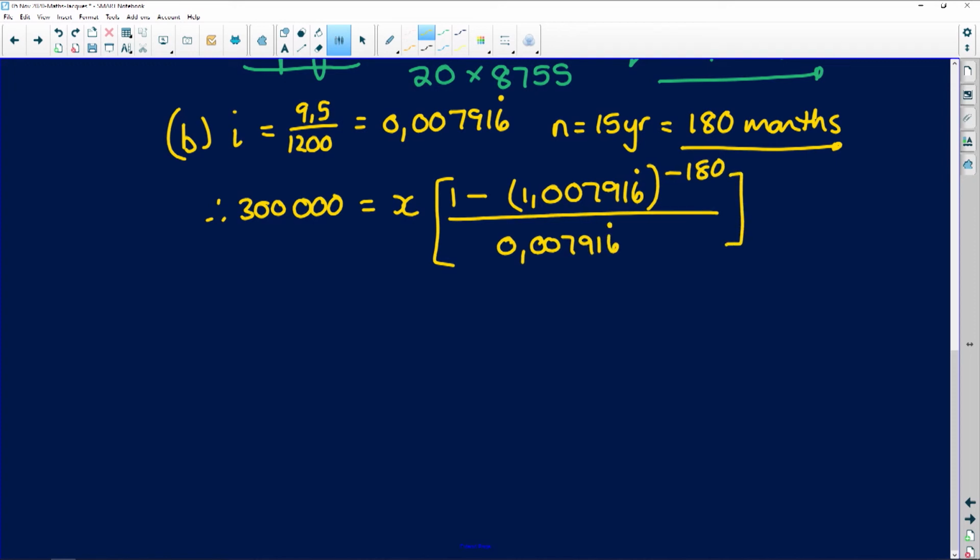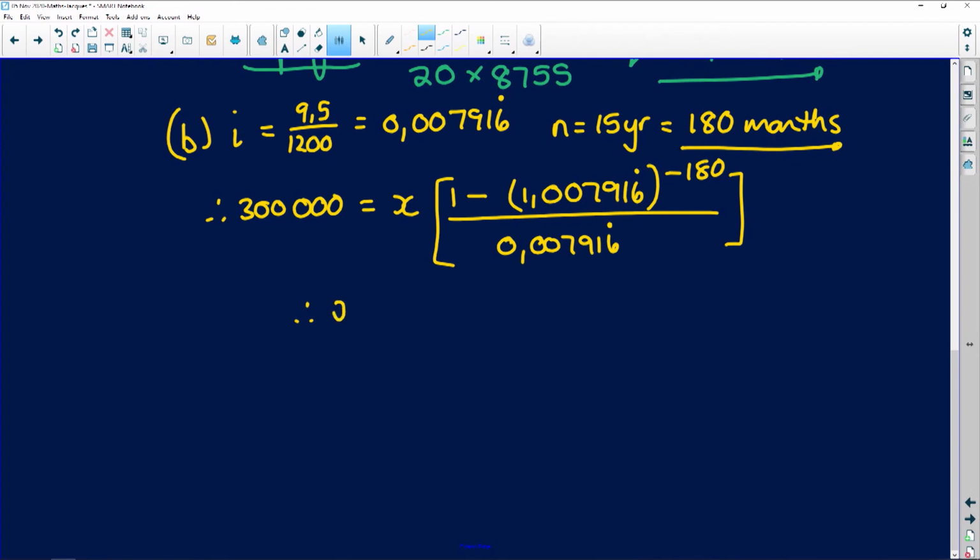Now remember, when you put this into your calculator, you just kind of keep on pressing sixes until there's at least about 10 sixes so that you didn't round it down. Okay, having done this calculation, you'll get to a monthly payment of 3132.67. So this is what she had to pay back per month.